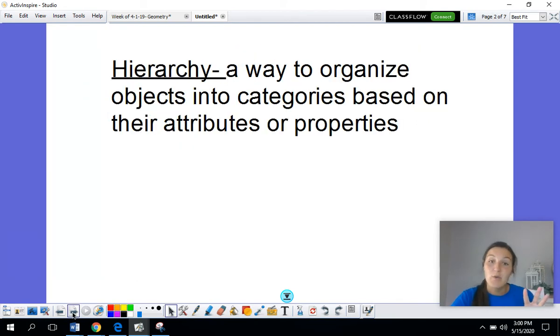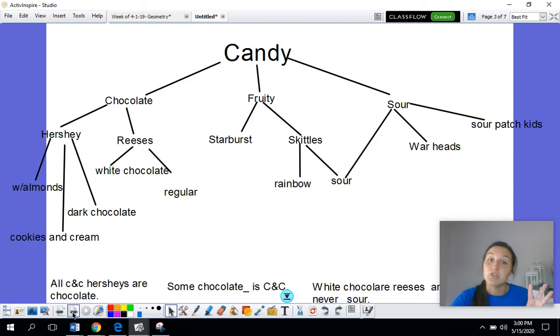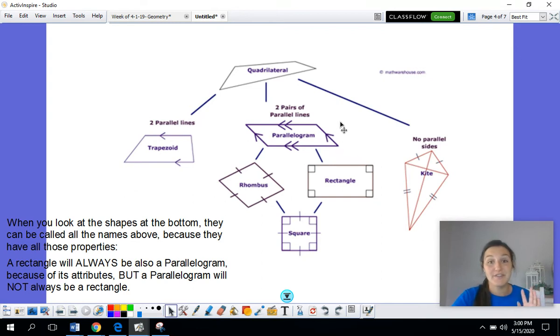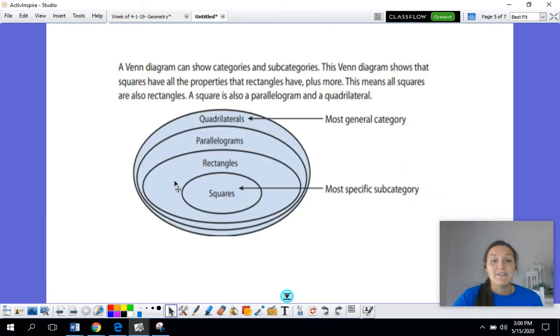There's 3 different ways that a hierarchy could look for you. It could look very similar to my candy one, where there's a category at the top and then it filters down below. A hierarchy could look like a Venn diagram, where the most general category is at the top, and then inside each part, just like a Venn diagram, it includes the other categories, so it gets more specific.